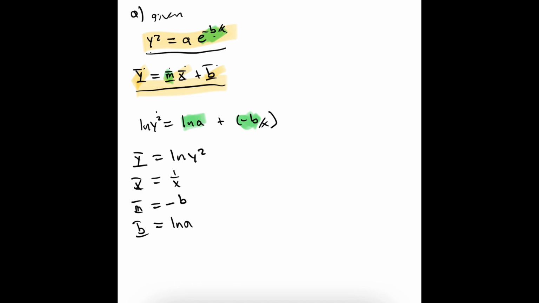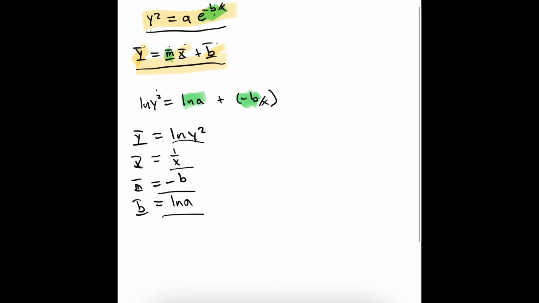Yeah, and that's what they have as their solution: construct a semilog plot of y squared versus 1 over x, or a plot of the natural log of y squared versus 1 over x on rectangular coordinates. Yeah, same thing. And then slope, correct, and intercept. There we go. Okay, so let's go ahead and do that for the rest of these.